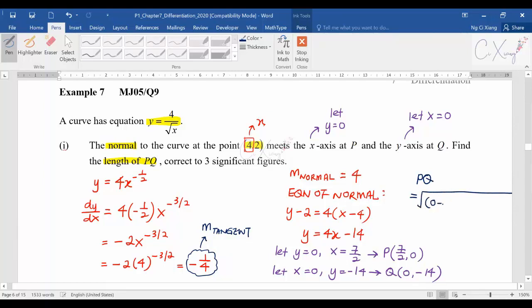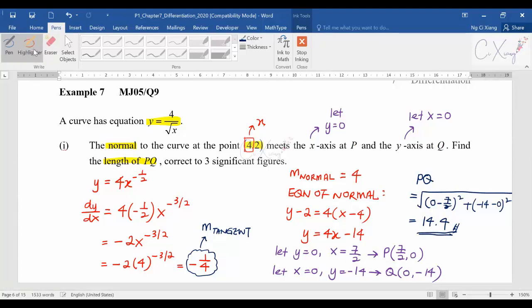So (0 minus 7/2) squared, x1 minus x2 squared, plus y1 minus y2 squared. As you take the square root, eventually you will get the answer 14.4 units. So please keep the answer in 3 significant figures as mentioned in the question. So this will be your 14.4.